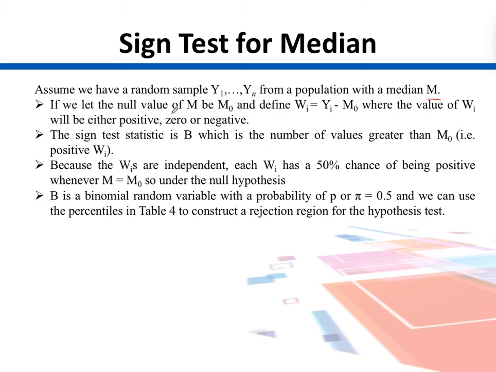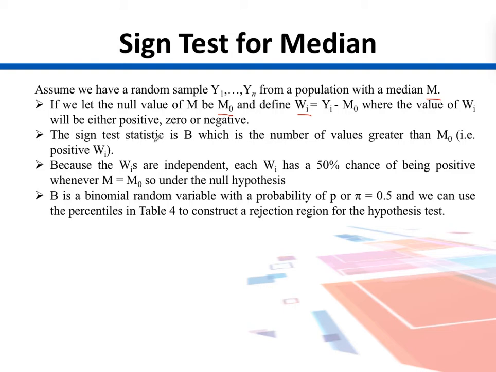So if we let the null value of m to be m naught, the median under the null, and we define w that's equal to yi minus m naught. So we take every number and subtract the median from it, and we get the w's. Those w's will be either positive or negative: if they are more than the median they will be positive, if they are less than the median they will be negative.